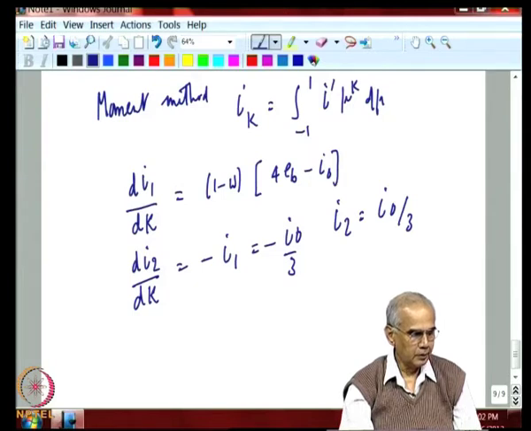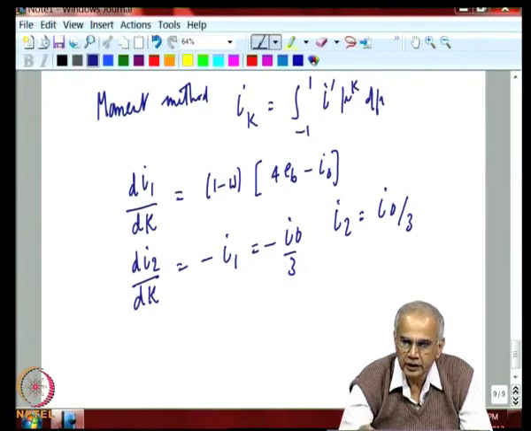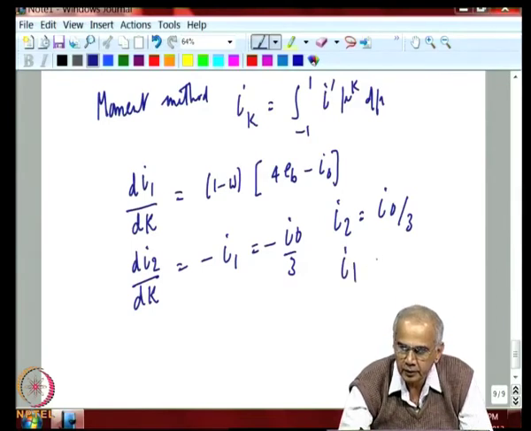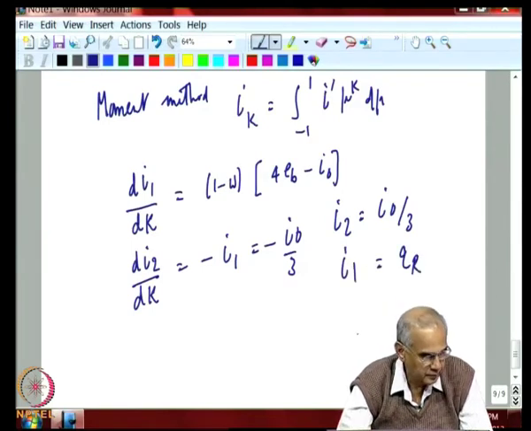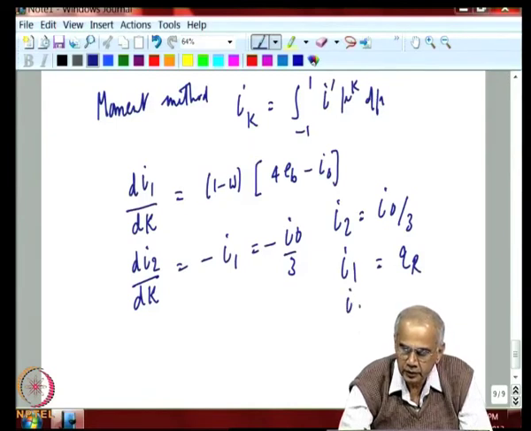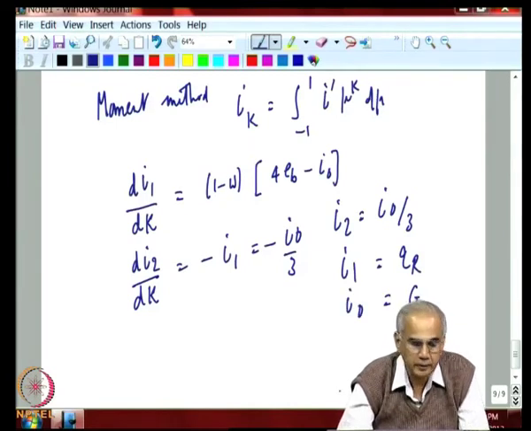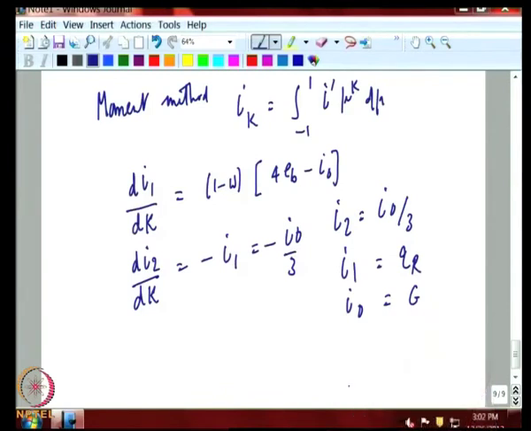but our interest is still radiative equilibrium. So, we recognize the fact that I1 is nothing but radiative flux, I0 is nothing but the mean intensity. So, we go back to our result which we got earlier, which says dQr d kappa is equal to, the same as what you got last time, and under radiative equilibrium you say G equals 4 Eb.